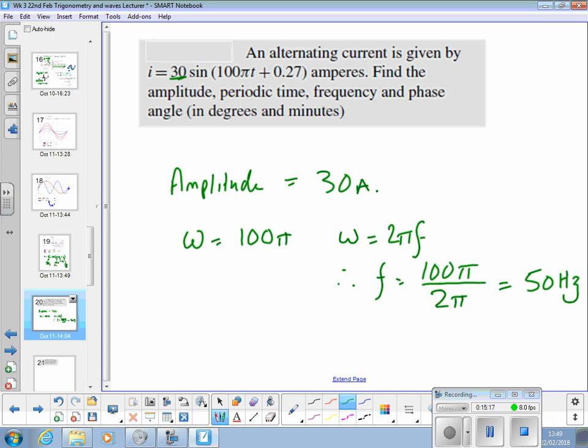Yep. How do we find the period? How do we find how long it takes to do one rotation? Frequency is the number of rotations in 1 second, and all we want is how many seconds is one rotation.